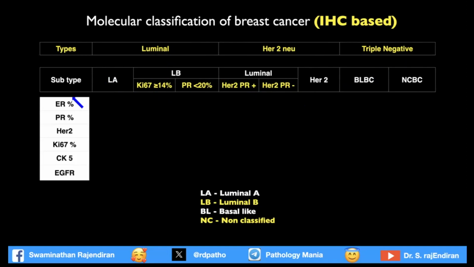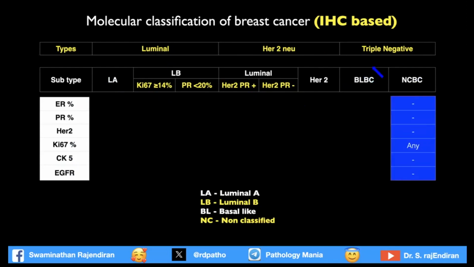So subtype is depending upon ER, PR, HER2 neu, Ki67, CK5 and EGFR to differentiate triple negative. So triple negative, all the ER, PR, HER2 neu negative, Ki67 can be any. In non-classified basal carcinoma, both CK5 and EGFR will also be negative.